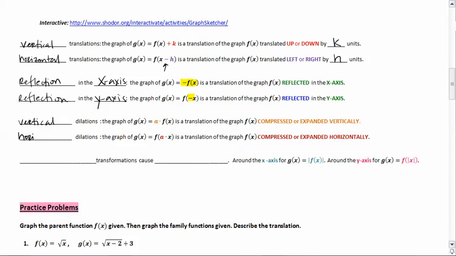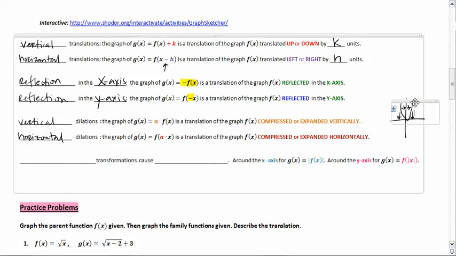Or you can have a horizontal dilation, which means that the graph of g of x is equal to f of a times x. So in this situation, we're looking at this being smushed this way, that's vertical, so closer and closer to the y-axis, or being smushed this way, closer and closer to the x-axis.